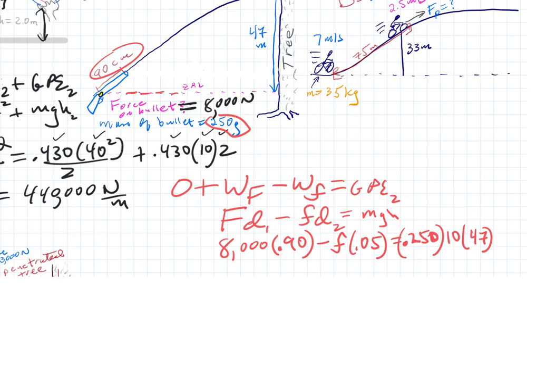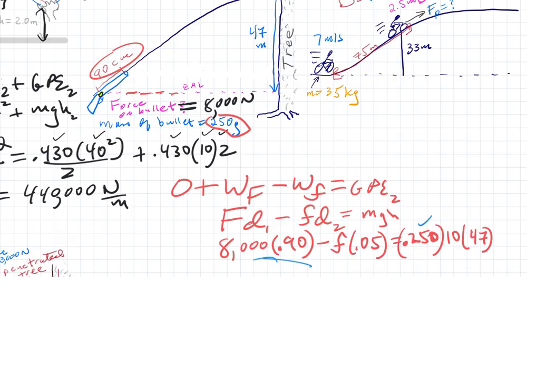So I'm going to take, let's change the color, I'm going to take 0.250 times 10 times 47, okay, and then I'm going to equal that. And then I'm going to subtract this.